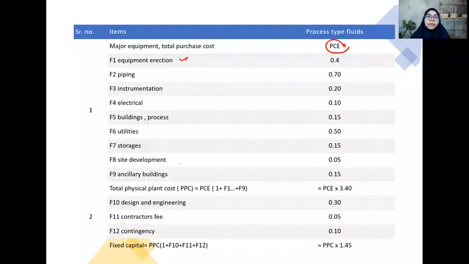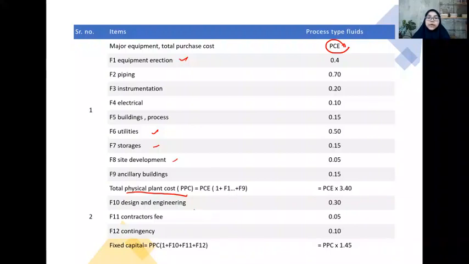You may refer to the table, and then finally we can get the total physical plant cost, or the purchase equipment times 1 plus all the factors here. Okay, all the factors depend on the project. Maybe some projects do not require utility, storage or site development. It depends on the specification of the project.